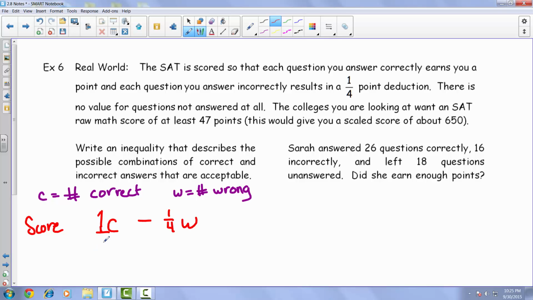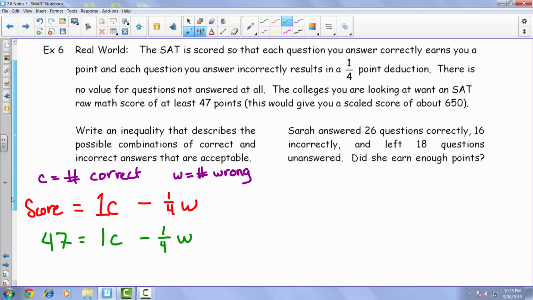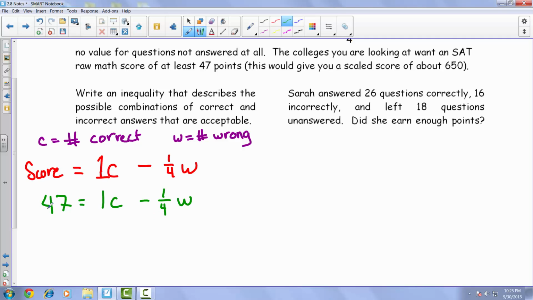So our score is based on however many we get correct times 1 minus however many we get wrong times a fourth. And this would yield you your score. Now, our goal is to try and get at least 47 points. So instead of our score, we would simply replace that with a 47. So 47 is equal to 1 times C minus 1/4 W. And if we wanted this to in fact be true, we want at least a 47.